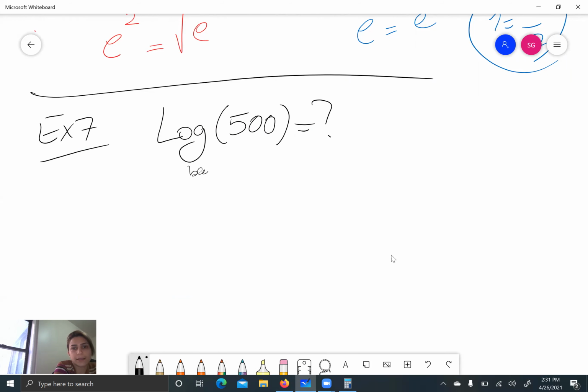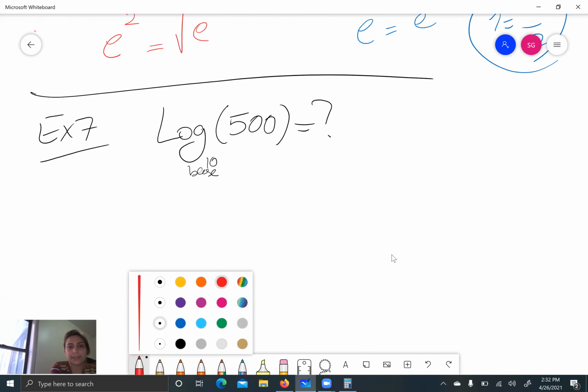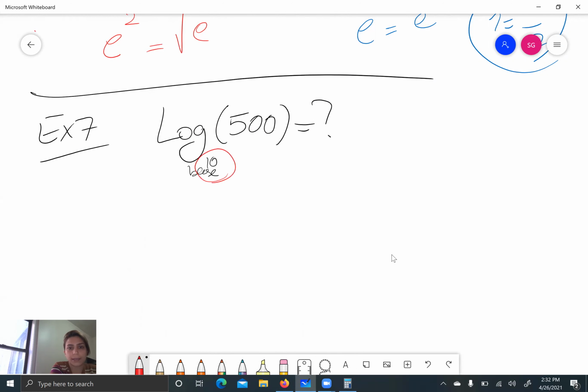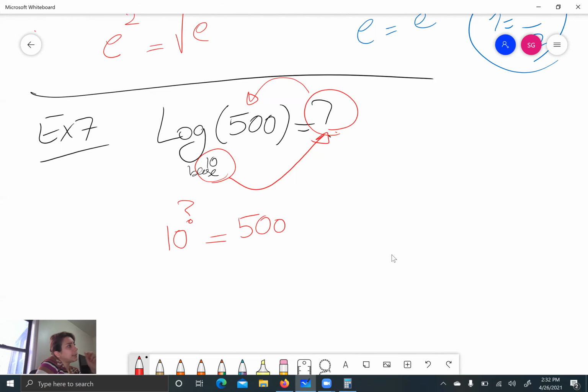Base is 10. When it's not written, it's 10. So let's see if I can answer this question by just going back to exponential function. If I rewrite this as an exponential relationship, then 10 to the question mark should give me 500. So then the question becomes, what is the exponent? For what value does 10 to that power give me 500?